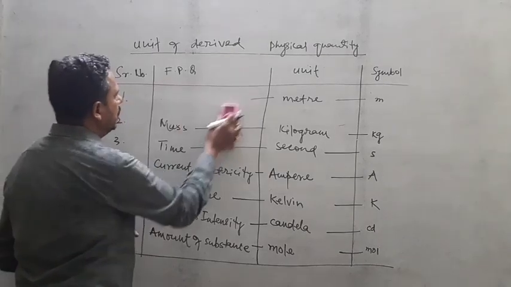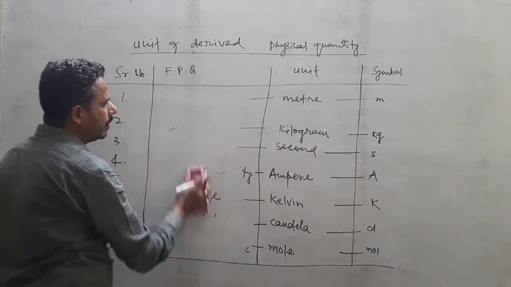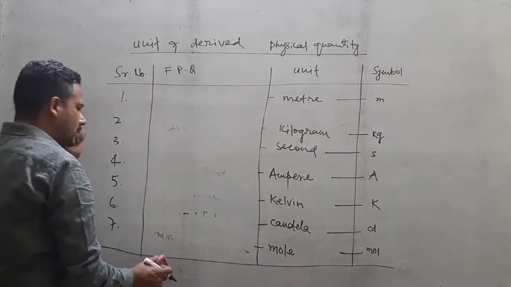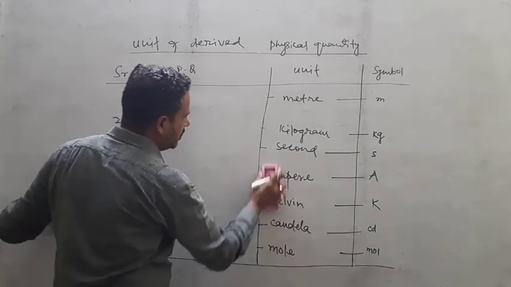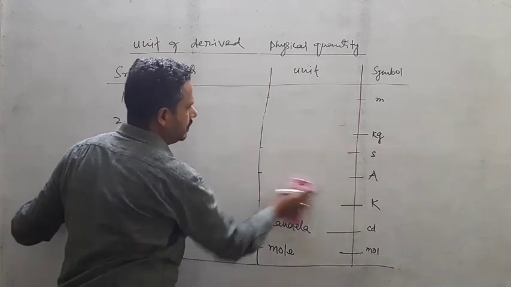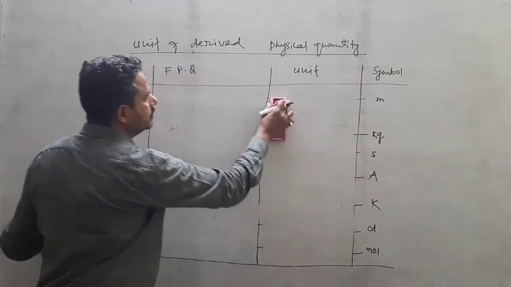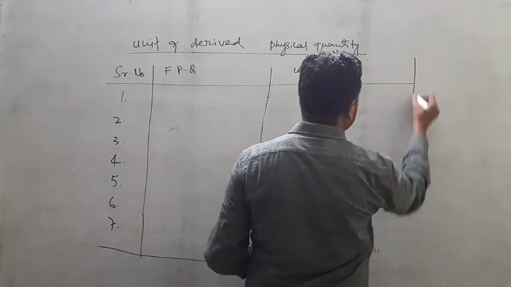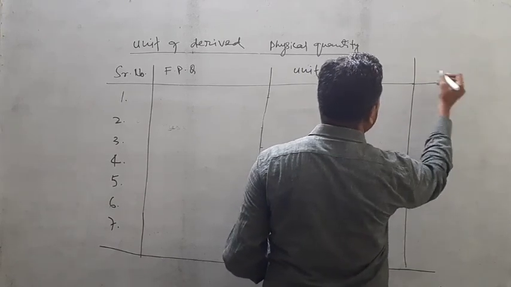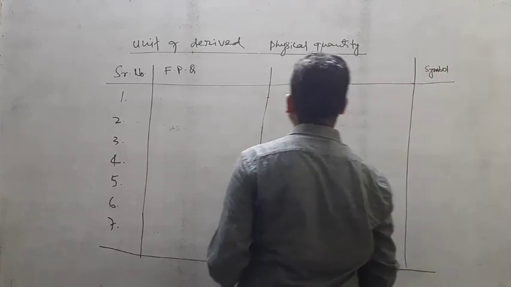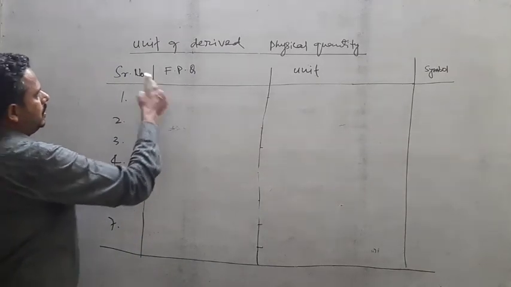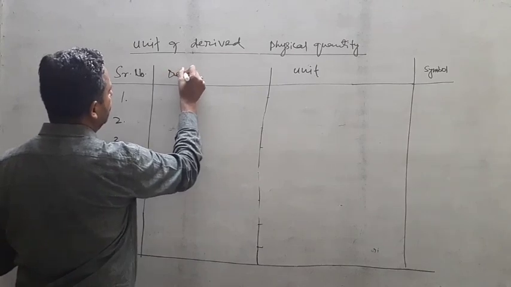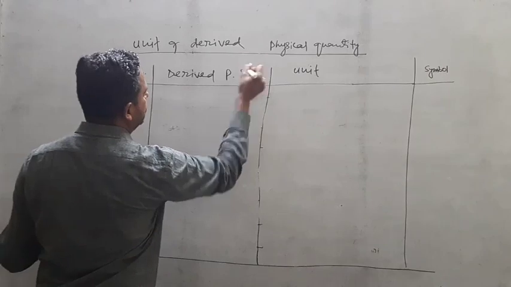There is no limit of derived physical quantities, but here I would like to write some derived physical quantities and their units with symbols.